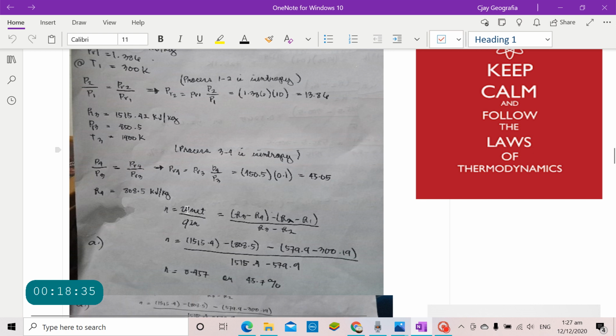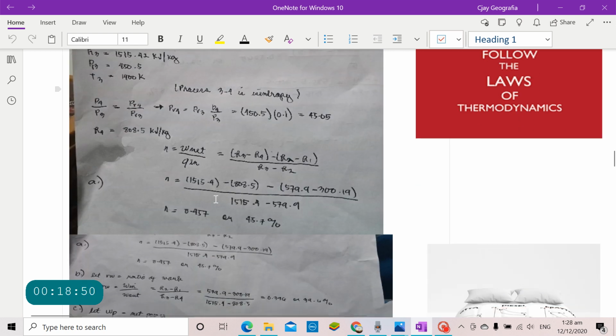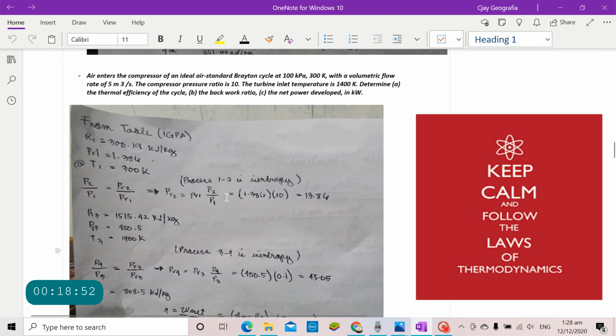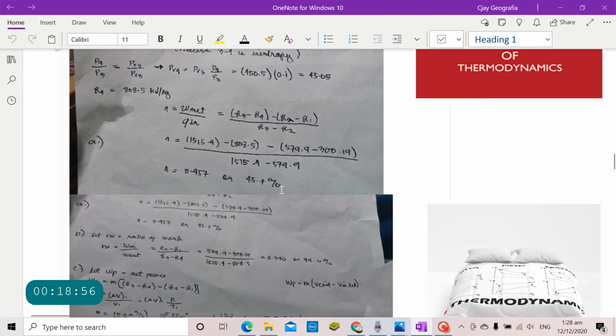The efficiency is equal to W net over Q in, which is H3 minus H4 minus H2 minus H1, over H3 minus H2. You will manipulate, put the values of H1, then you will get the thermal efficiency of the cycle, which is 45.7%.